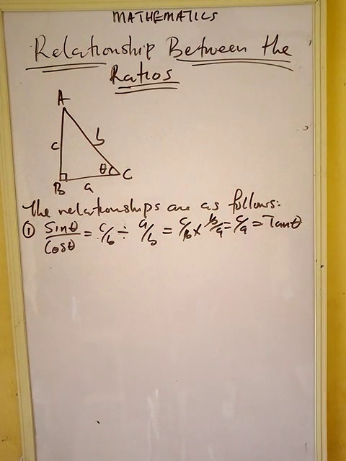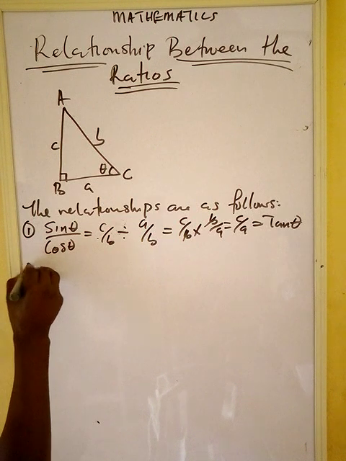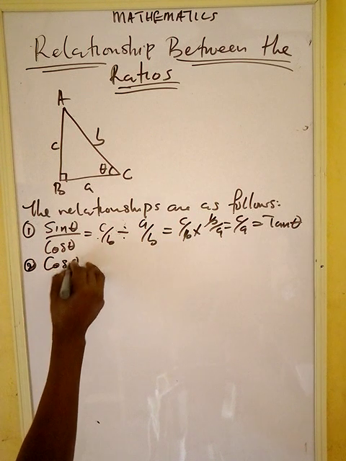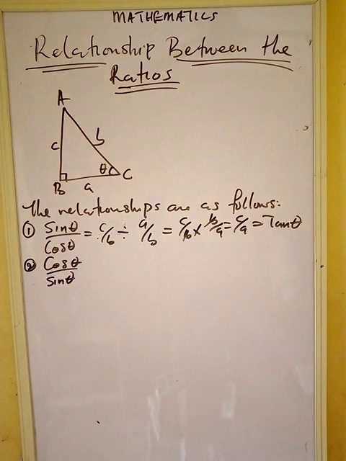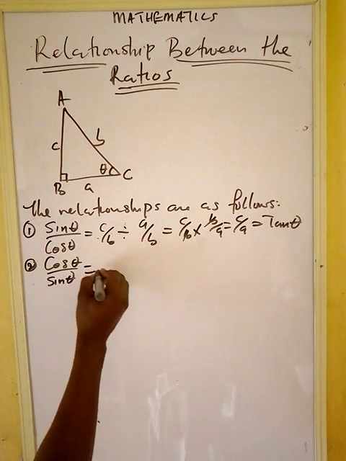And the other one, let's check the other one: cos theta over sin theta. So we want to look at the other way of it. Then what's our cos theta?